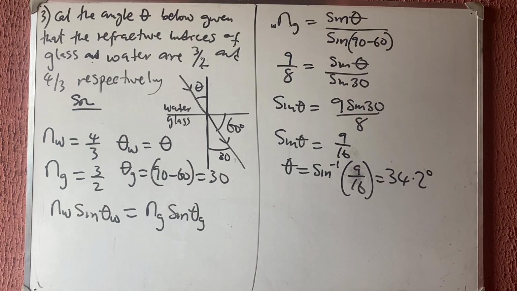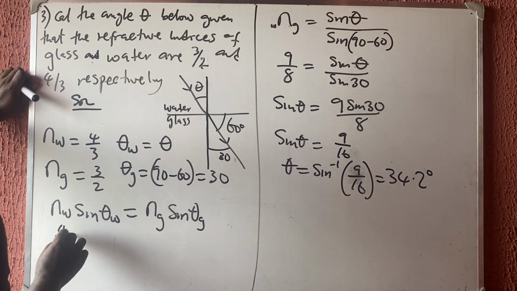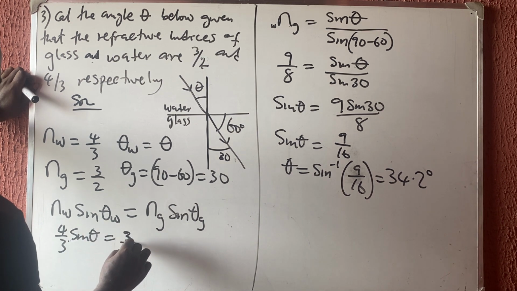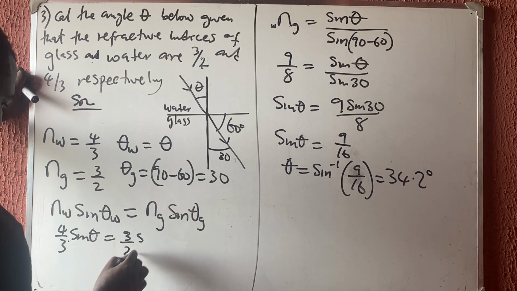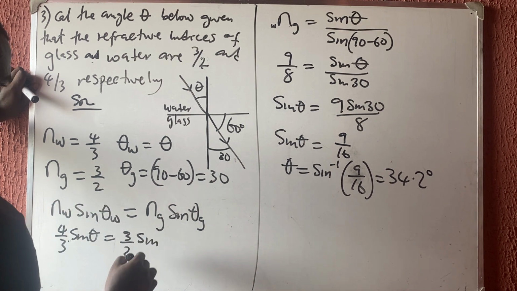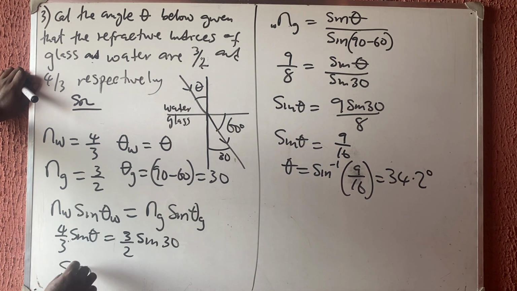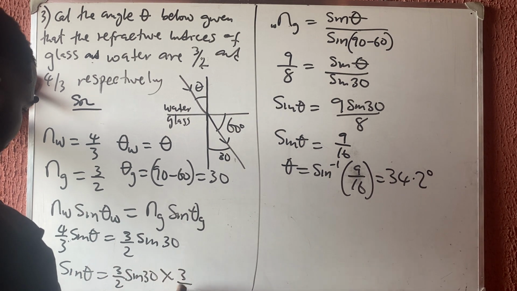So what do we have now? n of water is 4 over 3 times sine theta, which is equal to 3 over 2 sine 30. If you cross multiply, sine theta is equal to 3 over 2 sine 30 times 3 over 4.